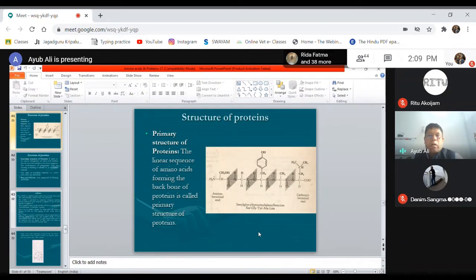Suppose you have the amino acids, so which amino acid will come in the first position, then which amino acid will come in the second, third, fourth, fifth. How these different amino acids are arranged in the sequence of the protein is called the primary structure. So the linear sequence of the amino acids forming the backbone of the protein is called the primary structure of the protein.